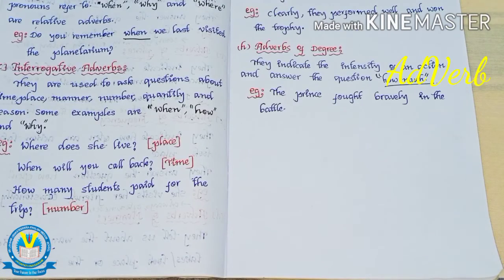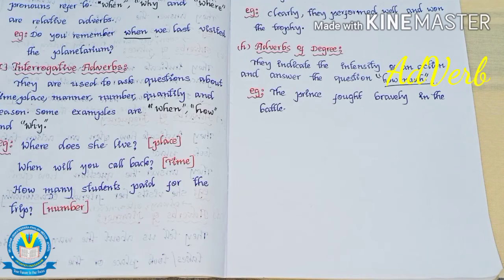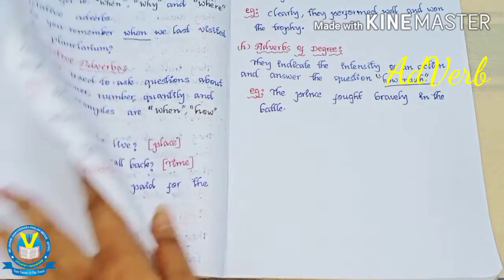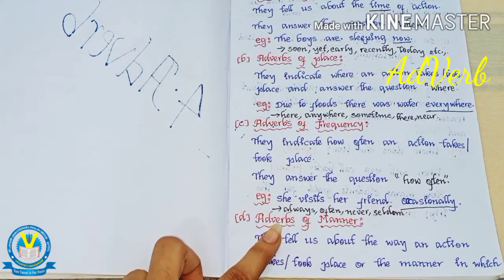So children, the last and final one is adverbs of degree. They indicate the intensity of an action and answer the question, how much? Here we have a relation between adverbs of degree and adverbs of manner.